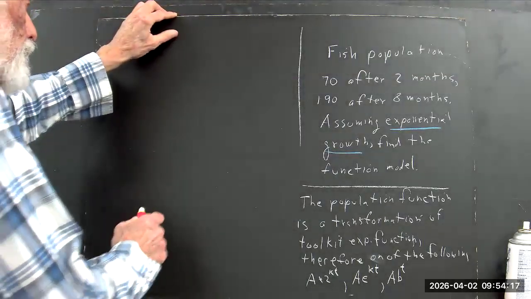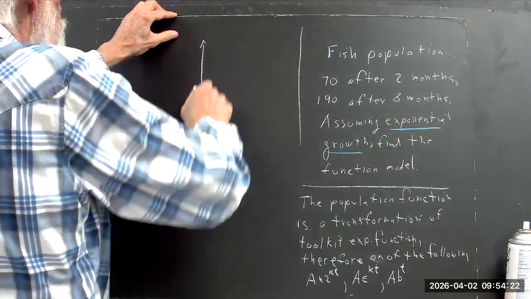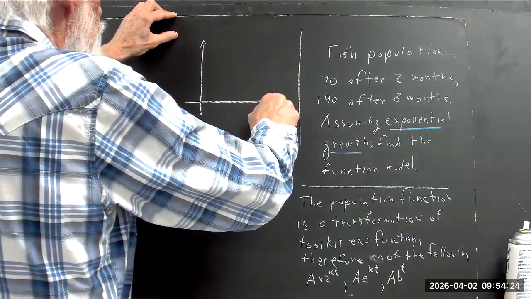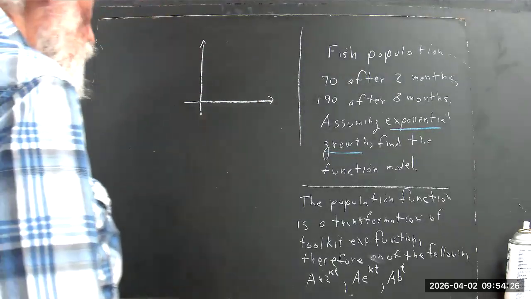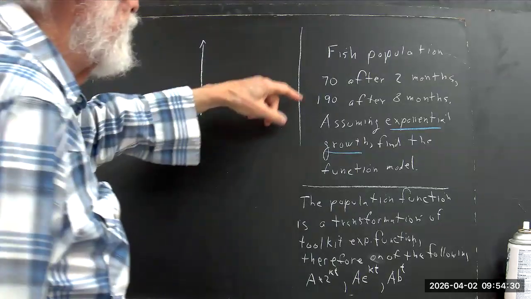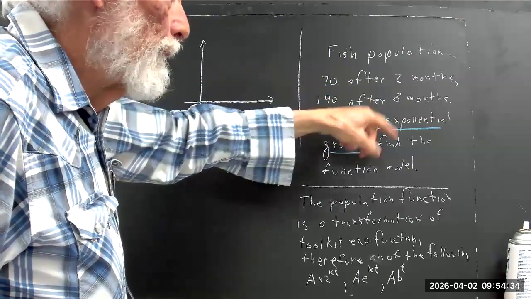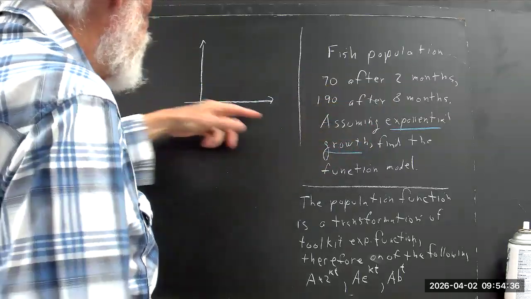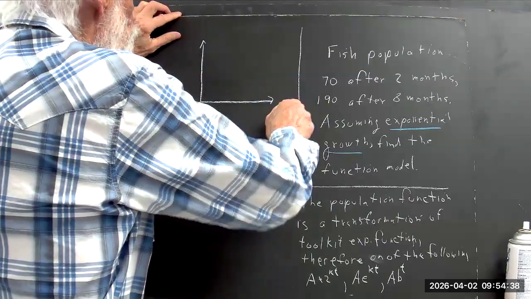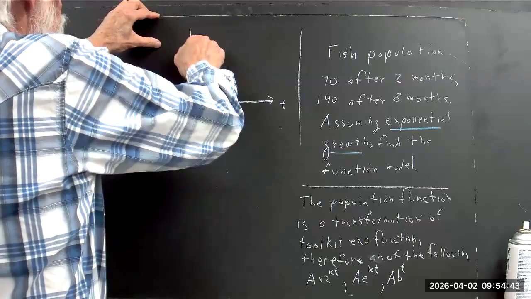And let's construct a graph. Now, we don't know for sure what kind of numbers we're going to put on this, but we need room for 70 and 190 and room for 2 and 8. 2 and 8 would be on the time axis. 70 and 190 would be on the population axis.